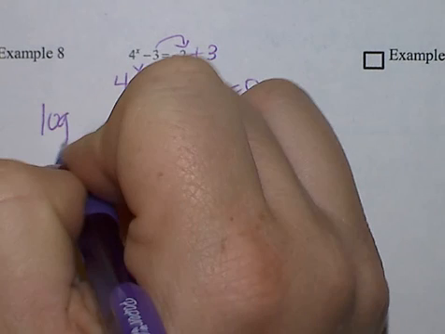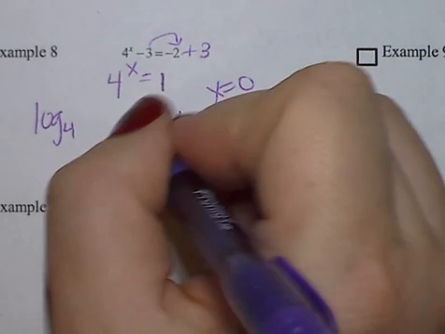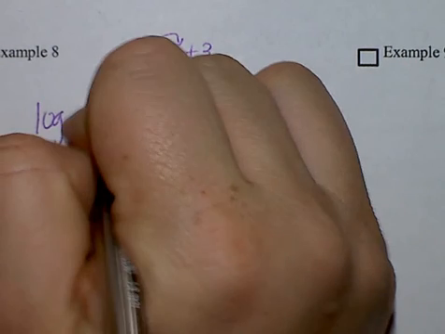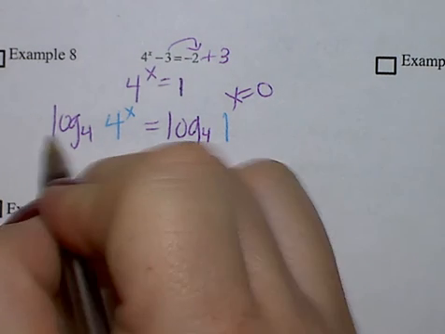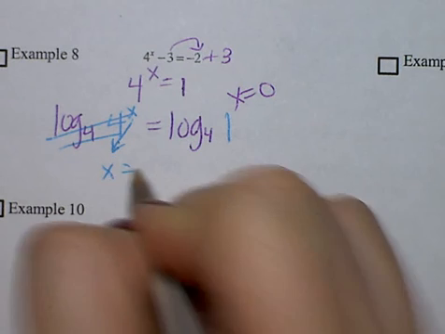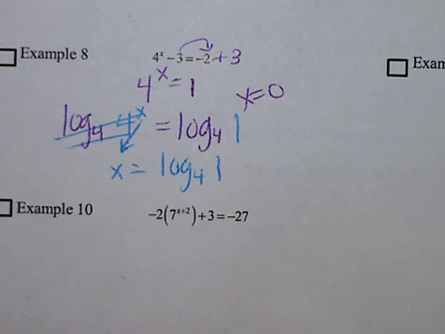Log base 4 and log base 4. Write down what was already there. Left-hand side, they cancel. I bring down the x. And then plug it into your calculator. So log of 1 entered divided by log of 4. As a reminder, the misconception is not to plug in what's bigger or what's smaller.